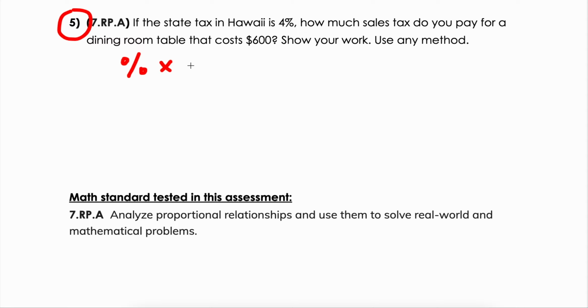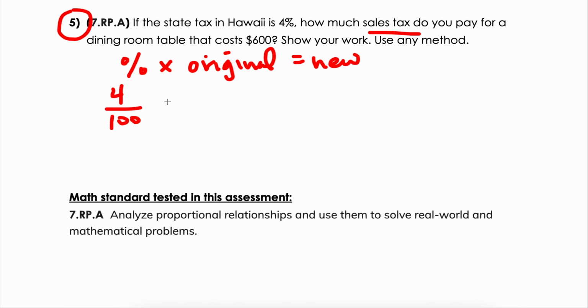Percent times the original equals new. If you want to figure out the sales tax alone, then you're just figuring out the 4%. So you would take the 4 divided by 100, your 4%, multiply by my original cost, which is 600.